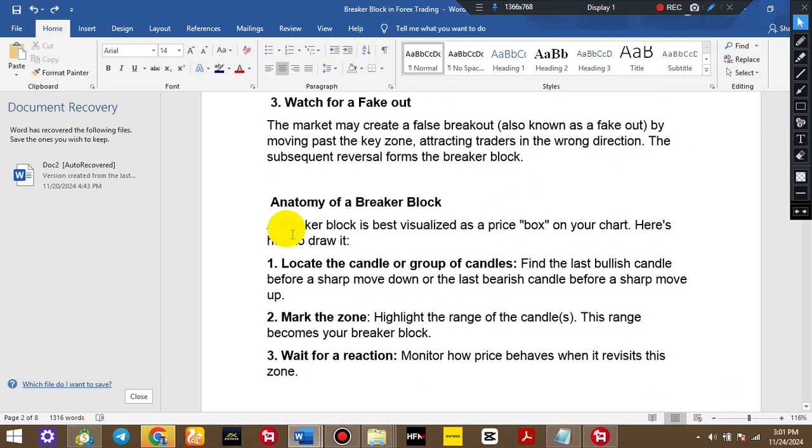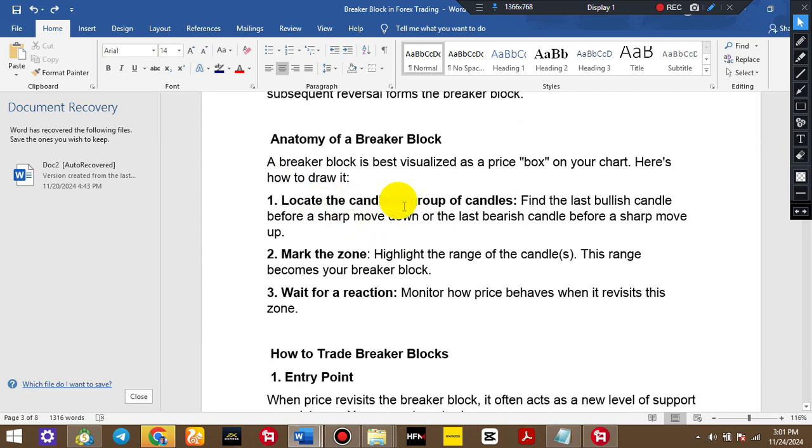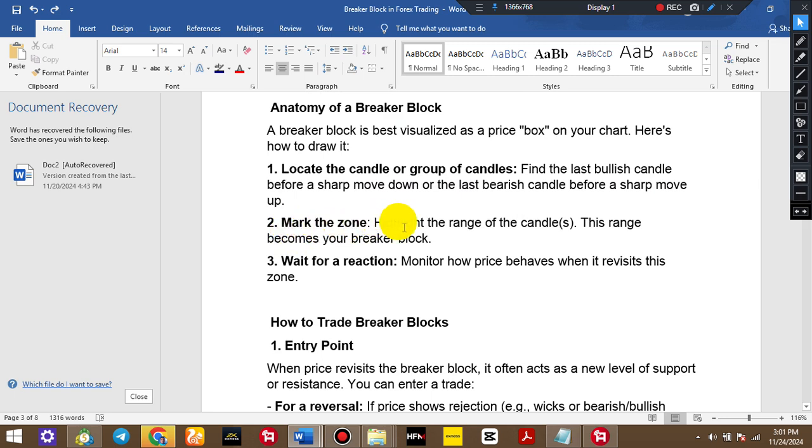That means a breaker block is best visualized like this. Locate the candle or group of candles. Find the last bullish candle before a sharp move down, that is in the case of a sell, or the last bearish candle before a sharp move up. So you highlight it. Mark the zone, highlight the range of the candles.